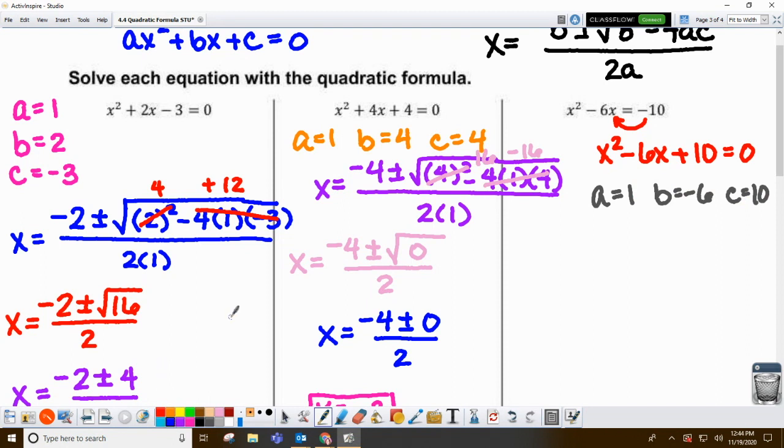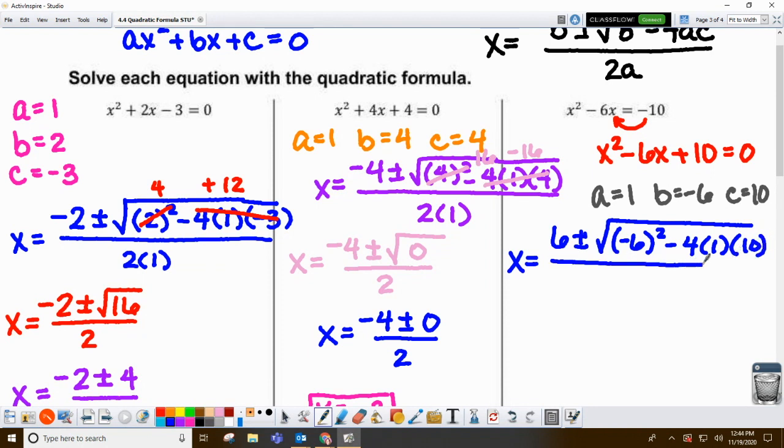And we're going to plug that in to our quadratic formula. So x equals -b, which is the opposite of b, so 6, plus and minus the square root of b in parentheses squared minus 4 times 1, which is a, and c, which is 10, all over 2 times 1.